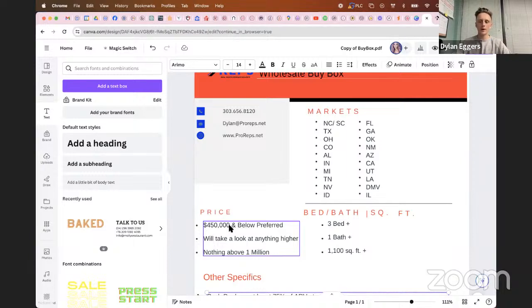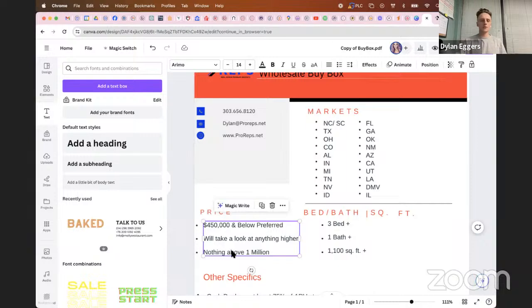Especially in the current market we're in right now, a lot of buyers that were doing luxury flips have either lost all their money or have stopped. So our ideal price range for wholesaling deals is 450,000 and below. That could be cash deals, fix and flip deals, or creative. We will take a look at anything higher, nothing above 1 million.